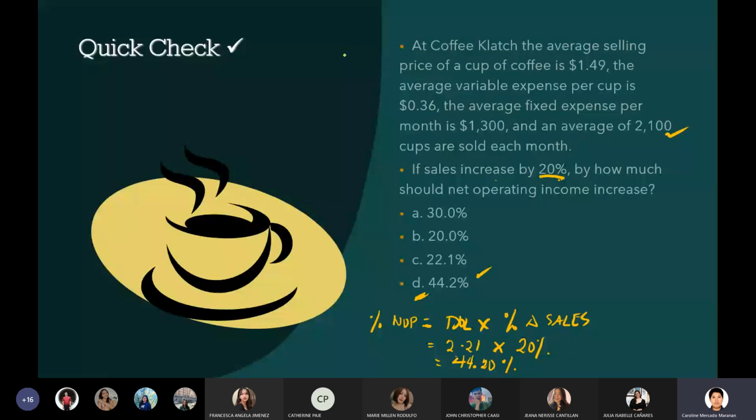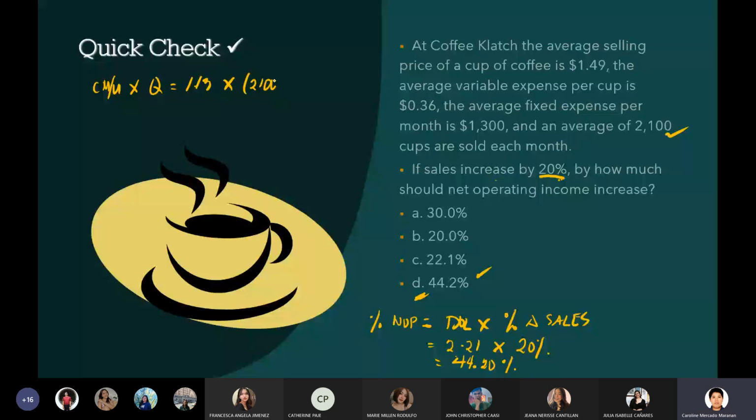CM per unit times quantity or volume. Our CM per unit is 1.13, right? 1.13 times 2,100 times 120%. This is your total CM.